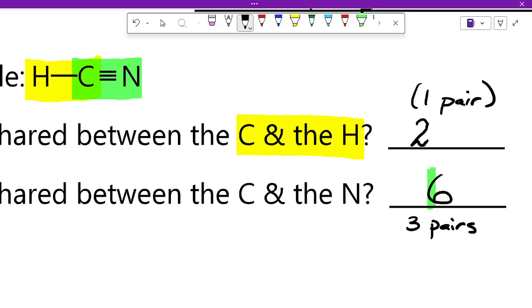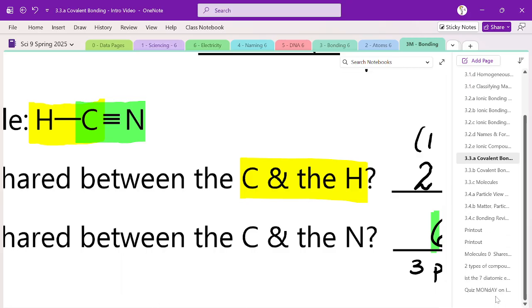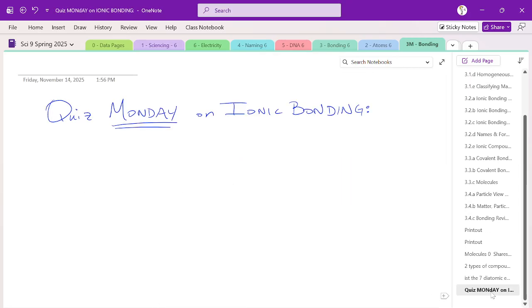We are going to have a quiz on Monday on ionic bonding. So let's go through what's going to be on that quiz. You will want some sort of piece of paper on which to write.